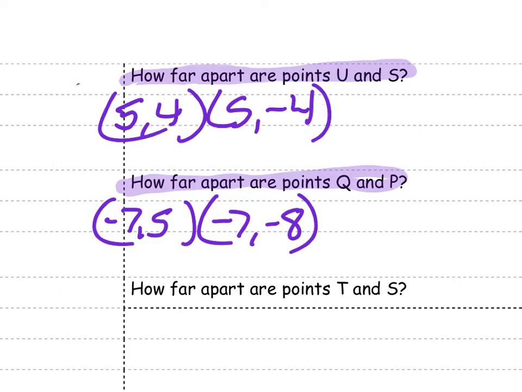And so like I said, think about how far away this point is from that axis, and how far away a number is, that's absolute value. So we can say the absolute value of 4 is 4, and so that gets us to the axes. And then we have to go to our next number. So the absolute value of -4 is 4. And so they were 8 units apart.